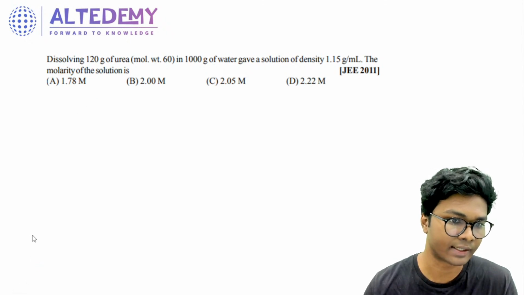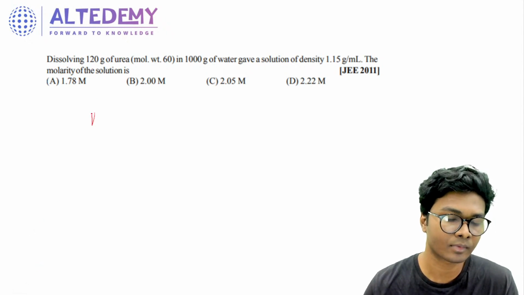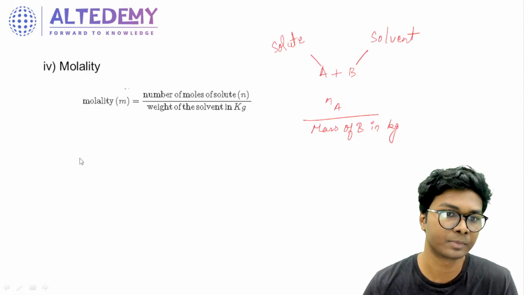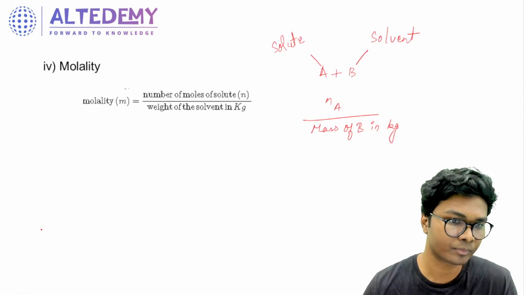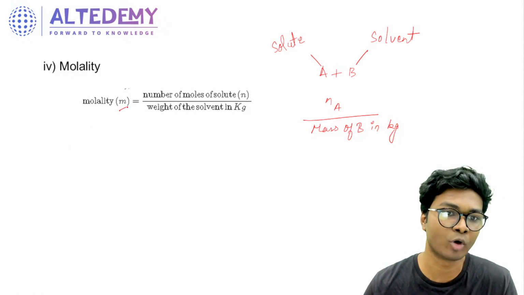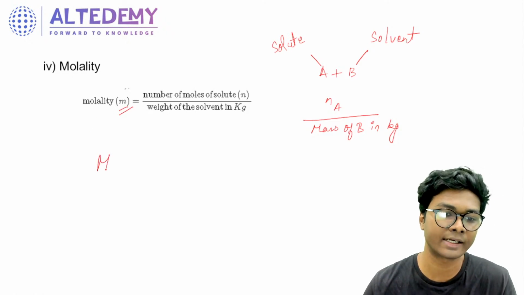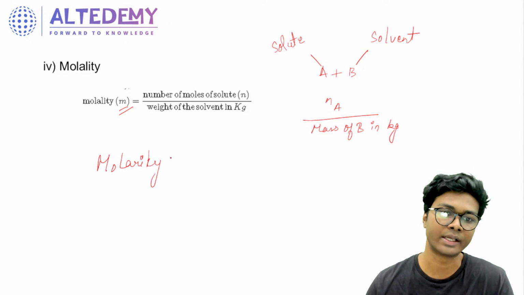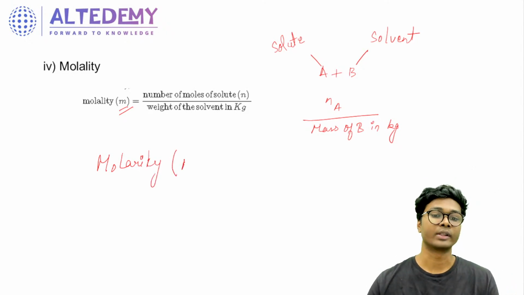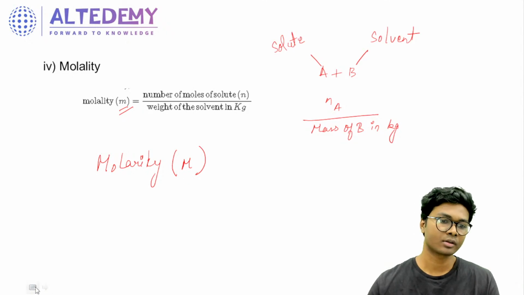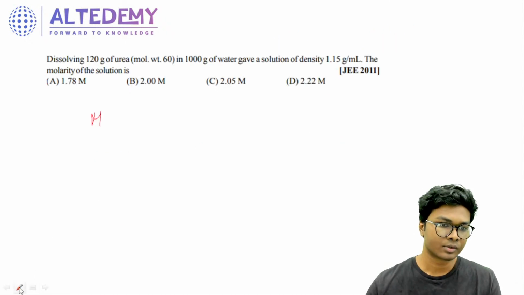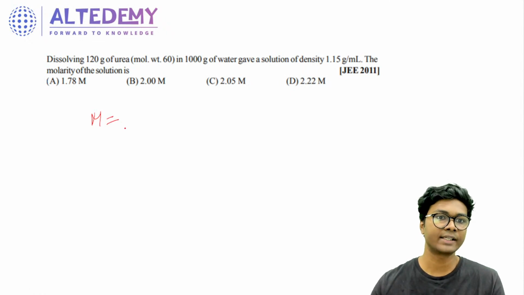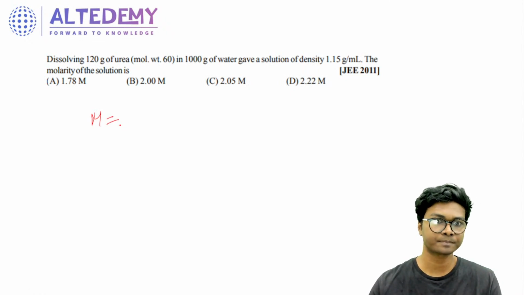We can also write it as M. We write molality as small m, and for molarity we represent it with a capital M. So we are being asked the molarity of the solution.